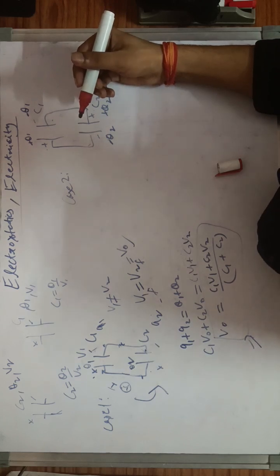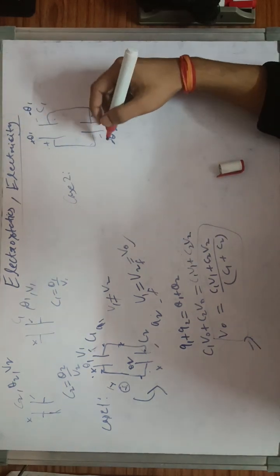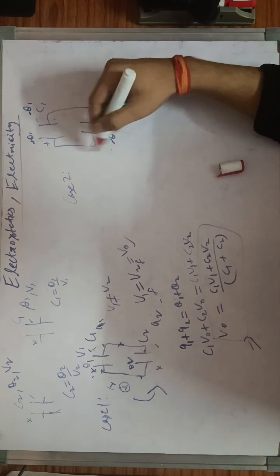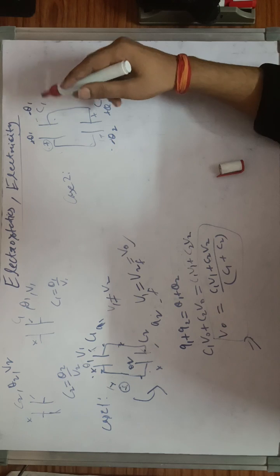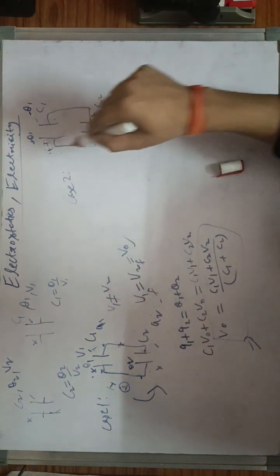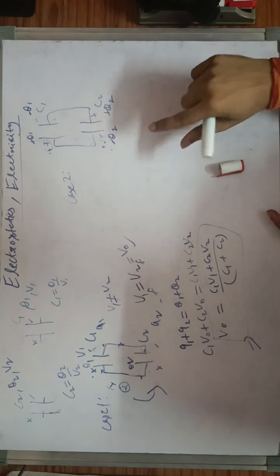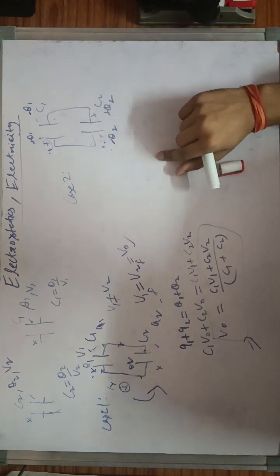In the final case, we need the same type of charge on the same sides. In the final stable equilibrium, there will always be the same type of charge on the same sides. It is not possible to have opposite types of charge.